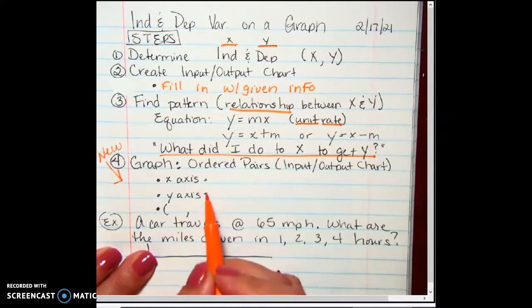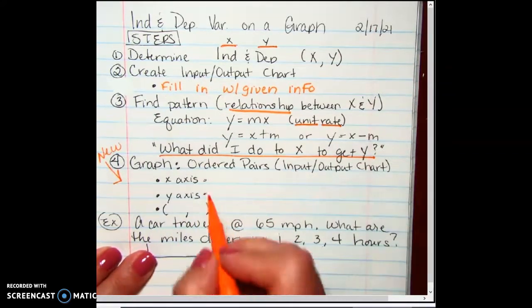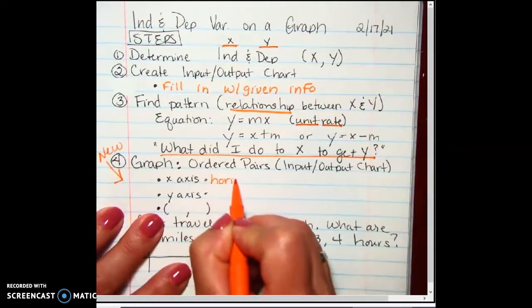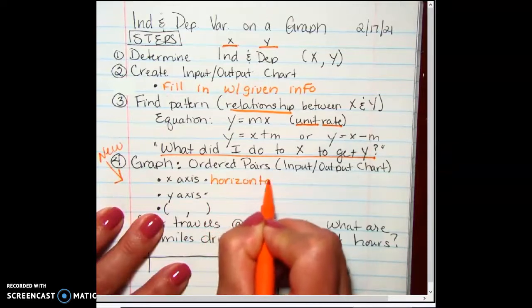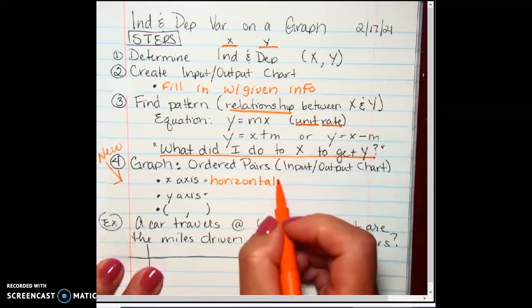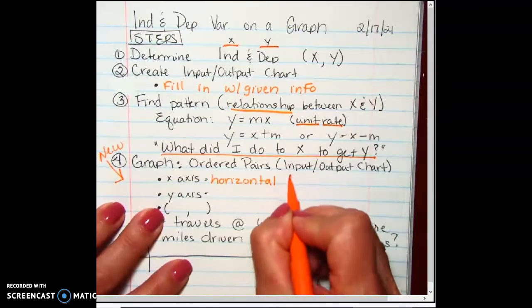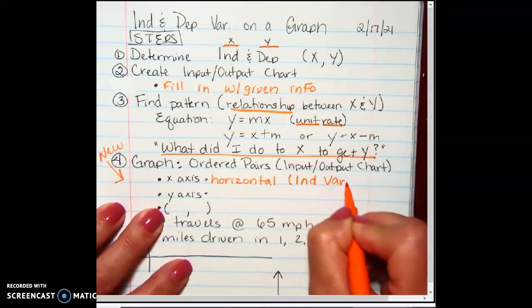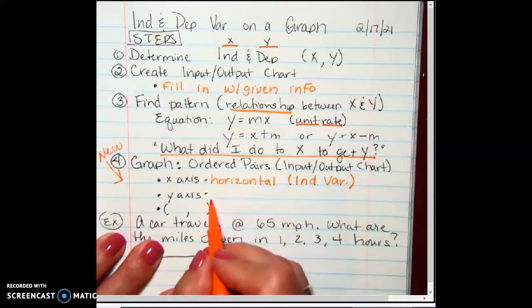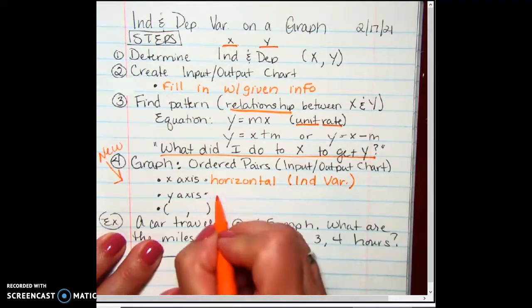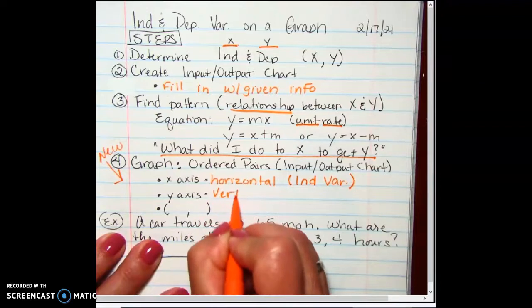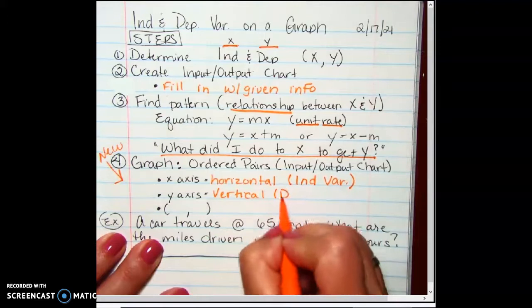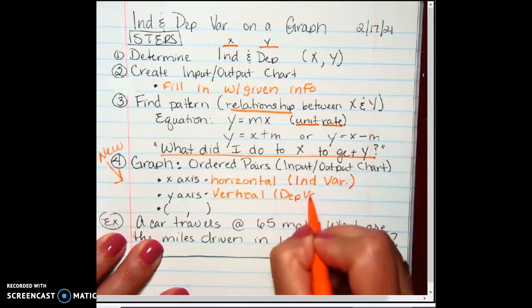We have to remember that our x-axis is horizontal, and that also means that it is the independent variable. Very important. Then we have the y-axis, which is vertical, and this is the dependent variable.